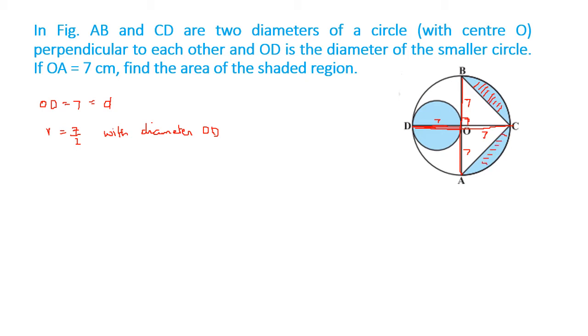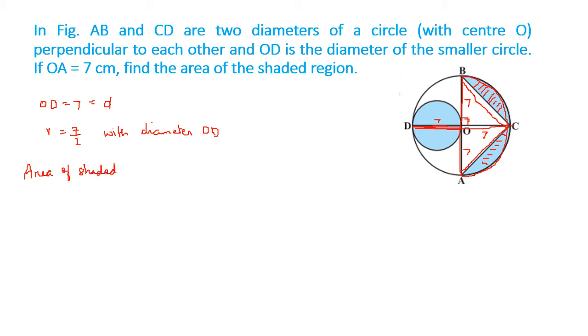Any idea? So I can take this semicircle, and from the semicircle I can minus this triangle. So let me write here: area of the shaded region.